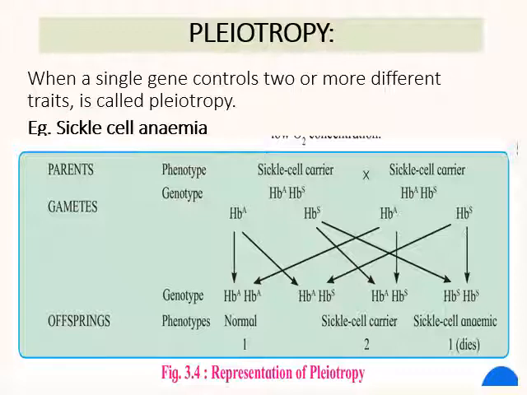When the sperm containing HbS fuses with the egg containing HbS, homozygous condition is obtained, that is HbS HbS, sickle cell anemic, which dies, and the ratio is always 2:1. So in pleiotropy, a single gene controls 2 or more different traits. An example of pleiotropy is sickle cell anemia.